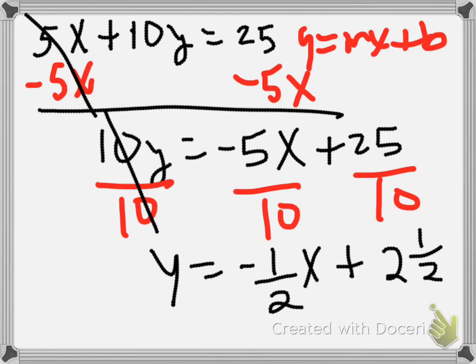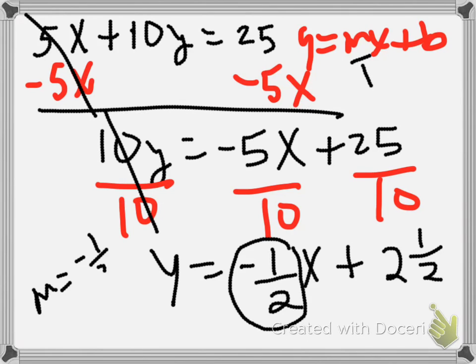So now my m, or the coefficient of x, is negative 1/2. So the slope equals negative 1/2.